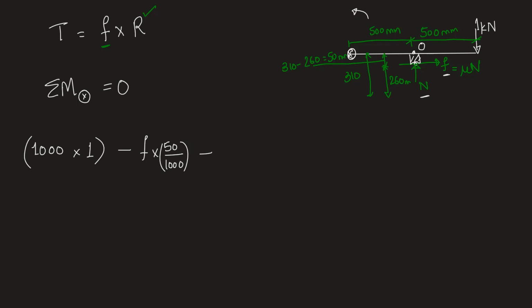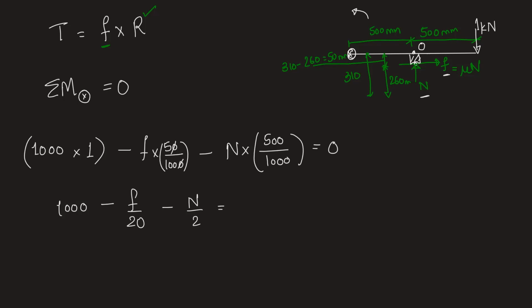So minus N into the distance, which is 500 millimeter. So we have 500 divided by 1000, is equal to 0. Simplifying this, we have 1000 minus F into 5 by 100, which is nothing but 1 by 20. So F by 20 minus N into 500 by 1000, which is 1 by 2. So N by 2 is equal to 0.